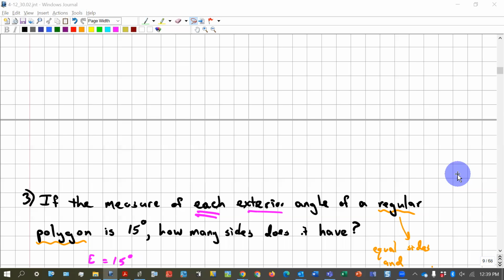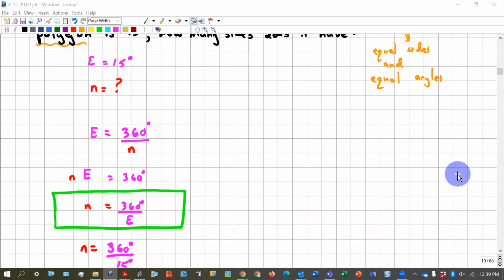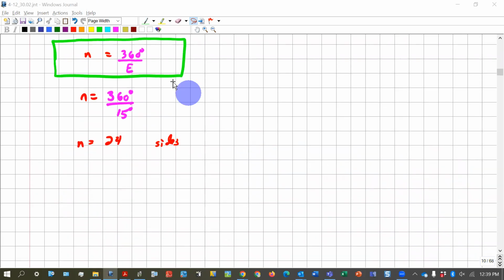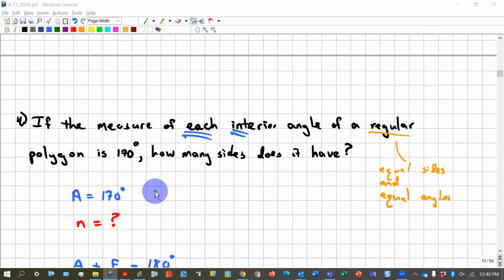If we know how big each exterior angle is, then we can just take 360 and divide by each exterior angle, and that'll tell us how many sides we have. If they give us the interior angle, this is probably the hardest type of all of the problems because it kind of involves 2 steps.